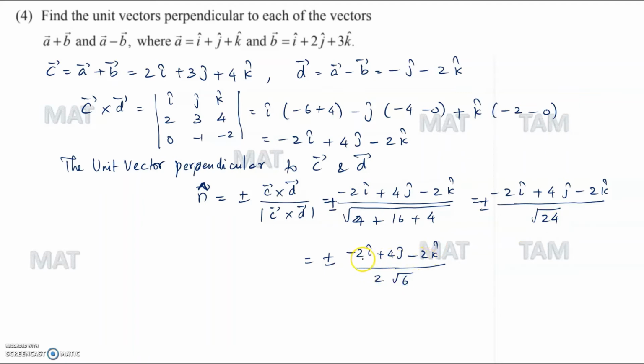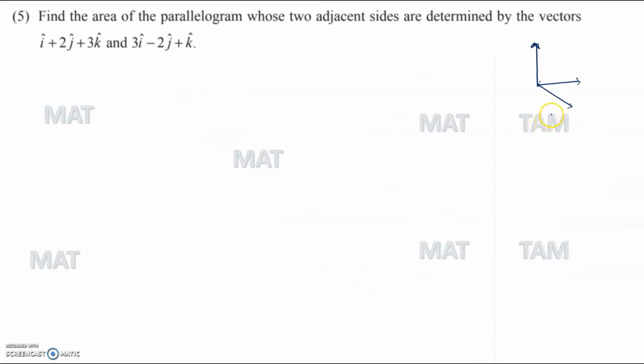Further, eliminating 2 from the numerator, you can define this as plus or minus i cap minus 2j cap plus k cap divided by root of 6. That's the required answer.